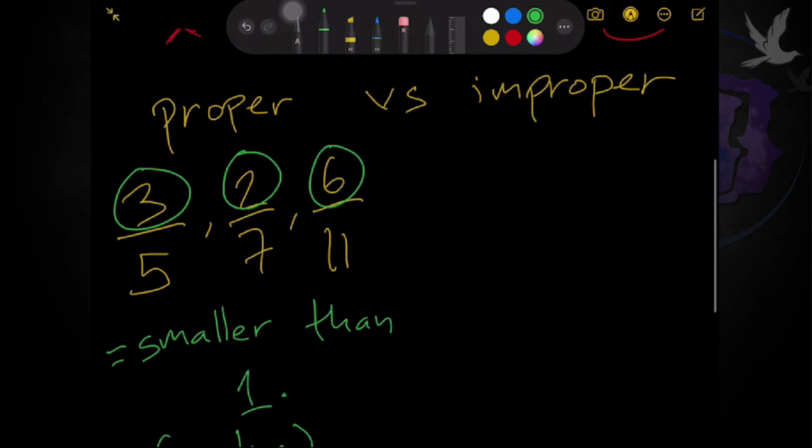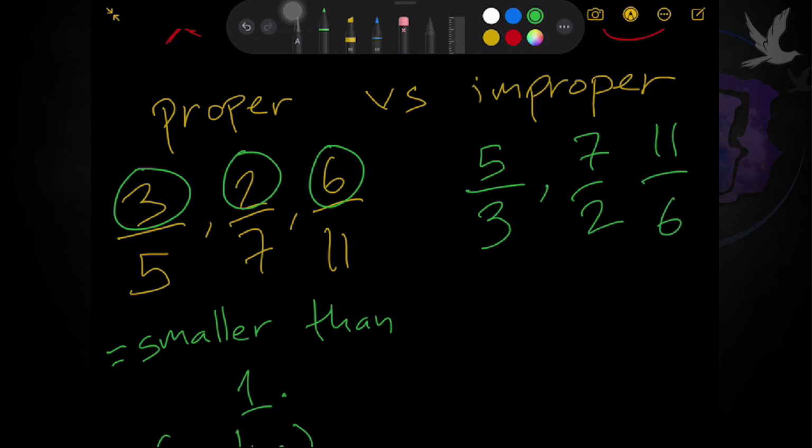Okay? While improper fractions naman, let's take the same values for this one, the other side. It's just that we're going to interchange their values sa numerator and denominator. So instead of writing 3 over 5, I'm going to write 5 over 3, 7 over 2, and 11 over 6. Okay. Anong nanonotice natin dito? We now have numerators that have bigger values compared to their denominators.